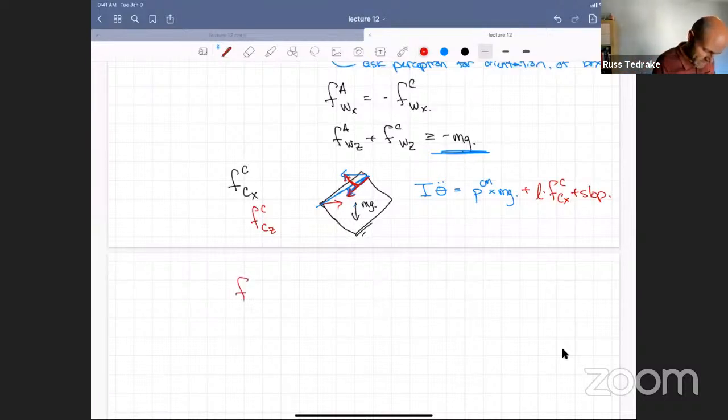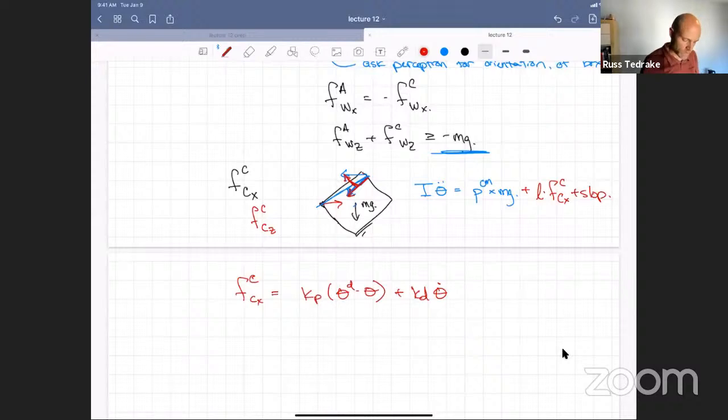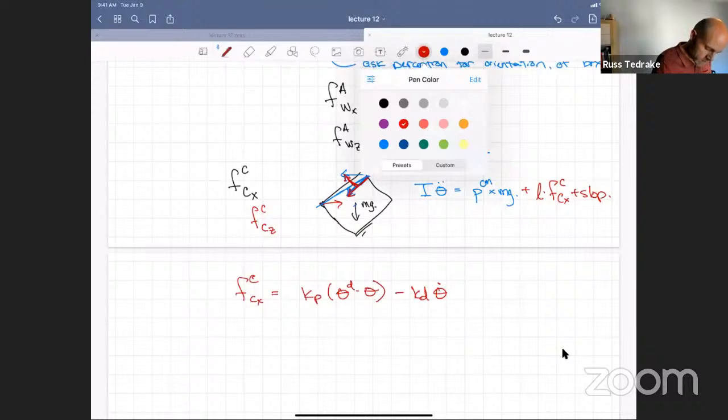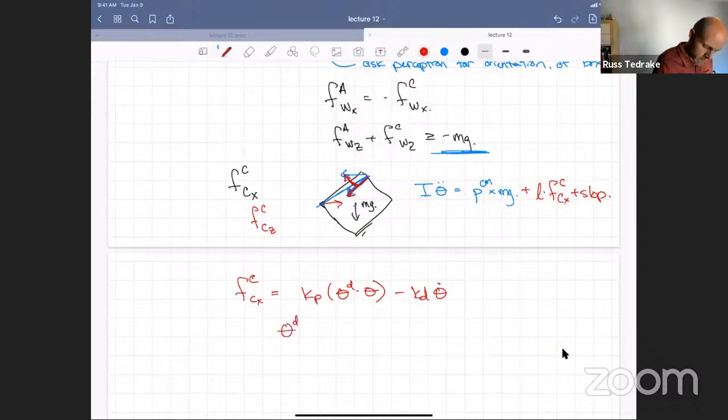So let's say that F_C x is just some kp times (theta desired minus theta) plus kd times (theta dot desired minus theta dot). And I'm going to prescribe this to be like a simple ramp.